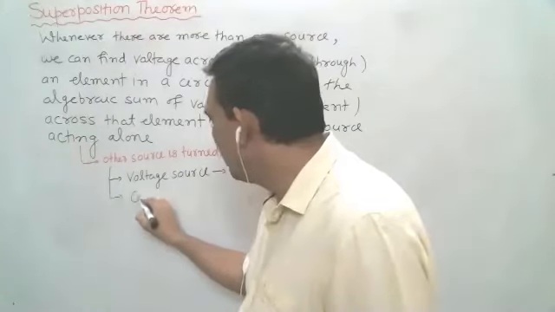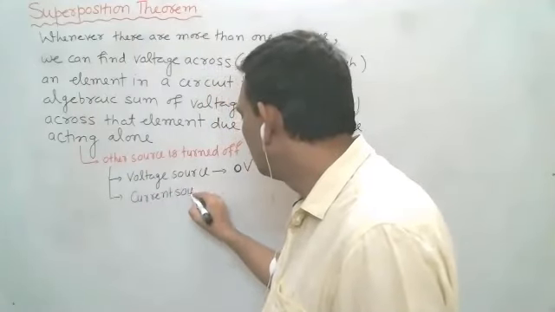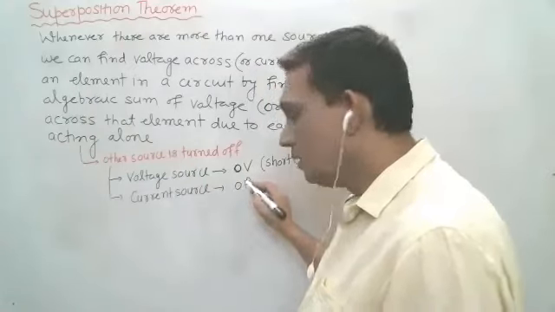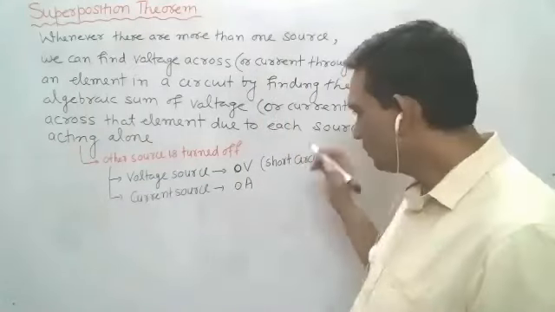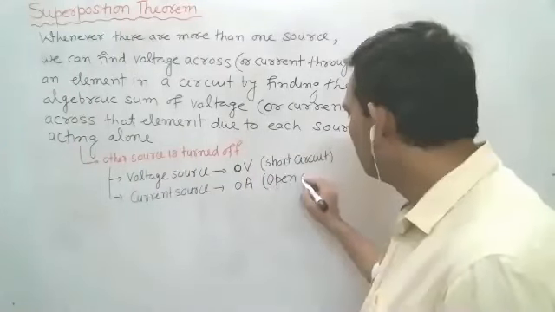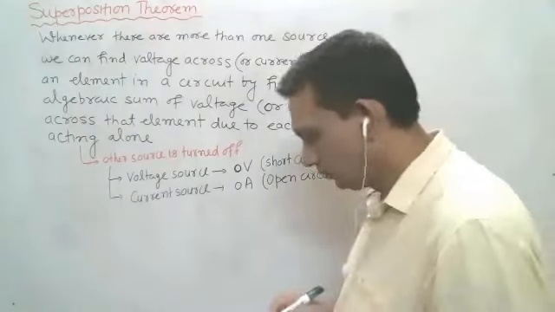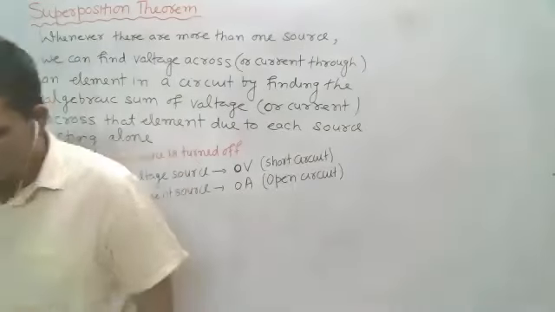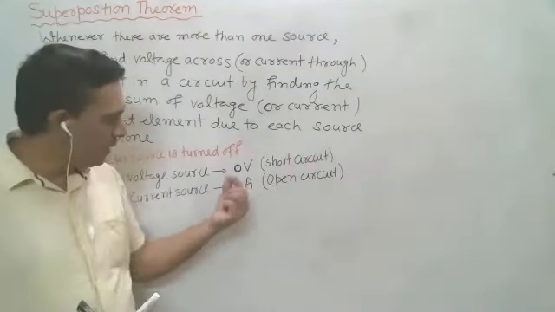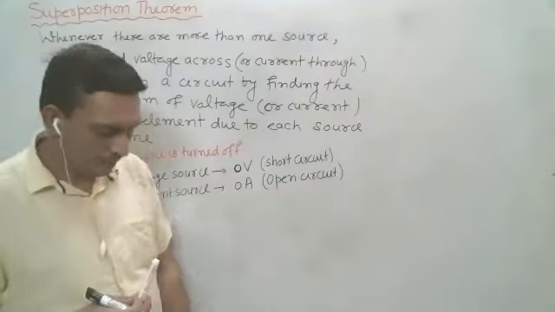And when you have a current source, that is replaced by 0 ampere. 0 ampere means open circuit. Voltage source is short circuited and current source is open circuited.